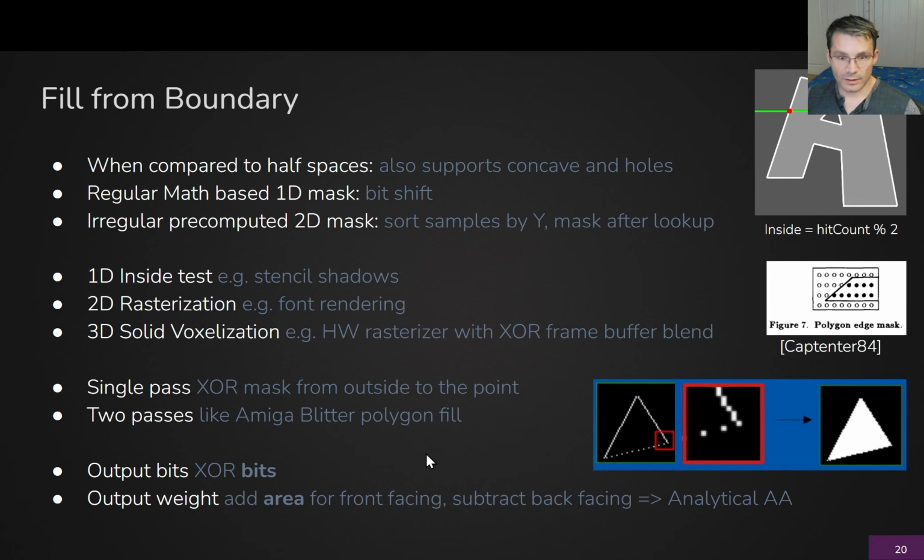If you imagine you're counting the number of bits, by adding for front-facing edges and subtracting for back-facing edges, you can compute the area, and that gives you some analytical anti-aliasing. That's even higher quality, still a box filter, so there's limited quality because of that, but it gives better quality and avoids the bitmask, because in the end, if you just want the alpha value, that is the right solution.